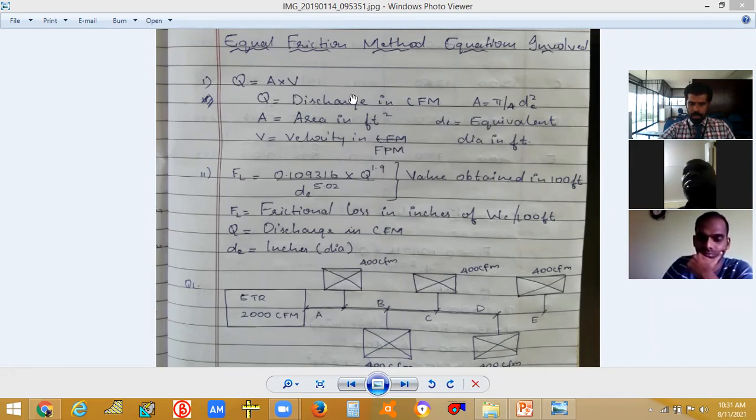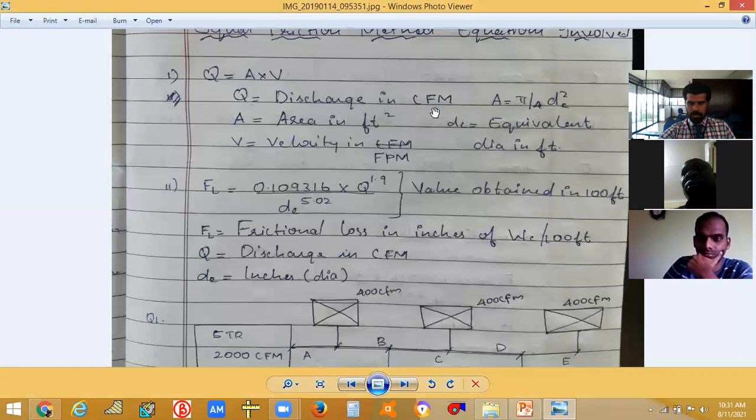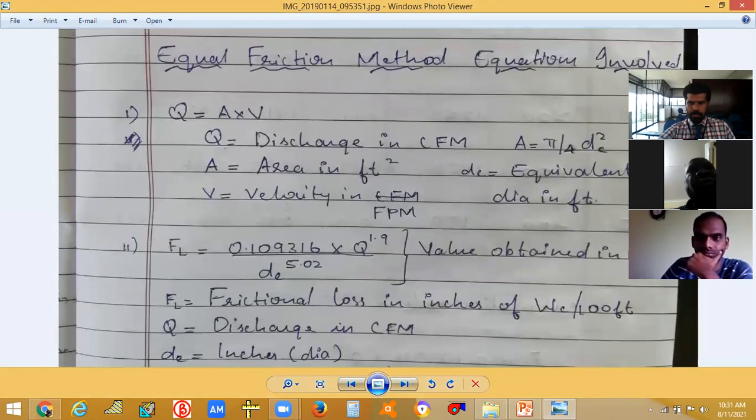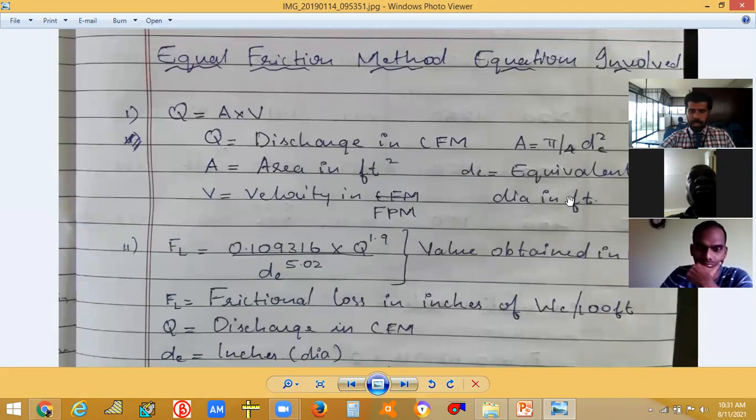Write this. I think you can see this. This is D suffix E, A, B, C, D, E. So this is the first formula that we will be using to find out the duct size.